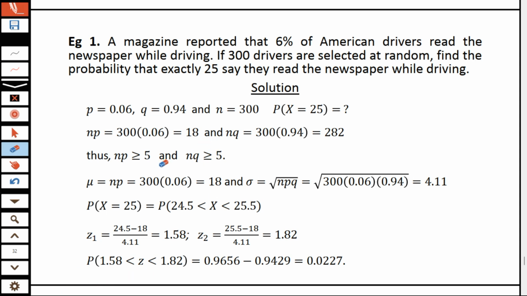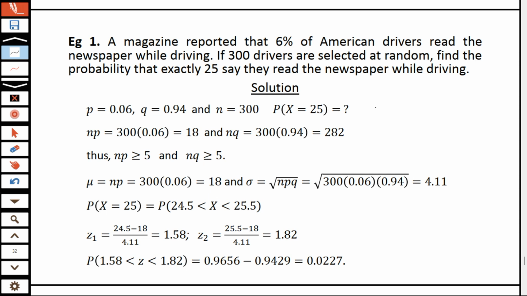If you are using the normal to approximate the binomial, then to calculate probabilities of a normal distribution we use the standard normal distribution.